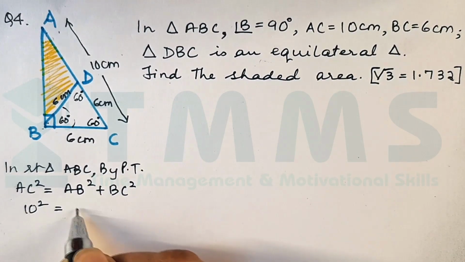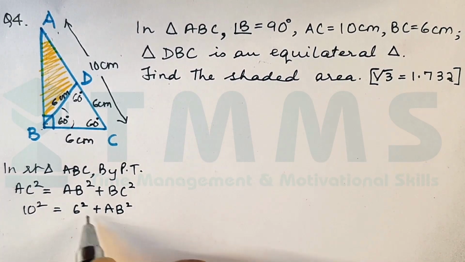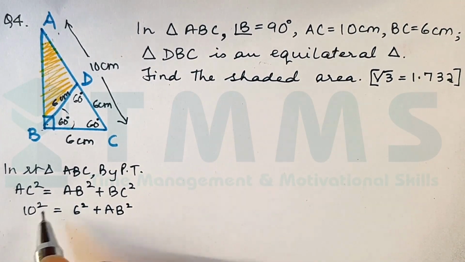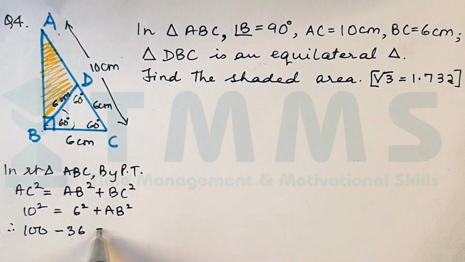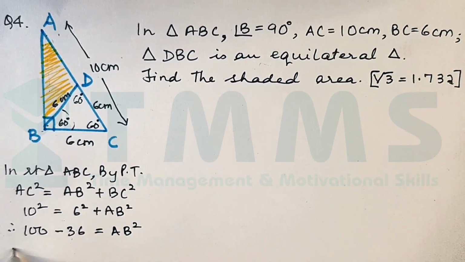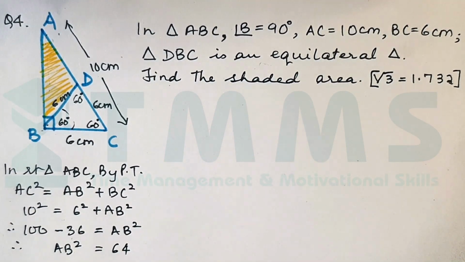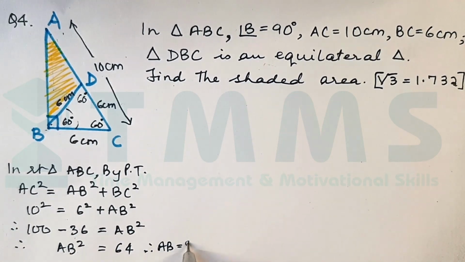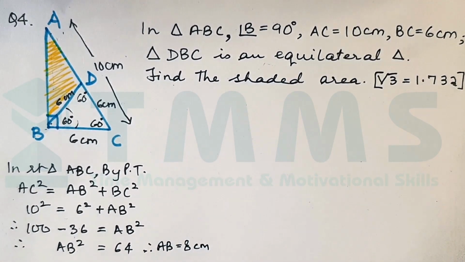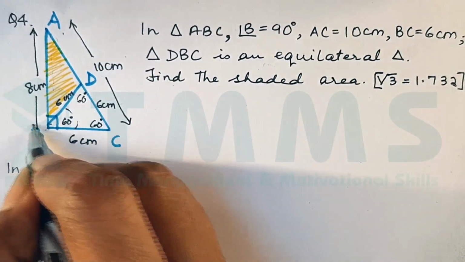So 10 square is equal to AB square plus 6 square. So therefore you will have 100 minus 36 is equal to AB square, and that will give us AB square equal to 64, and AB is 8 centimeter. Are we getting that? So this is our 8 centimeter from here to here.